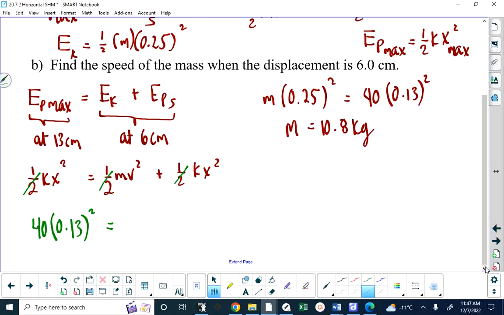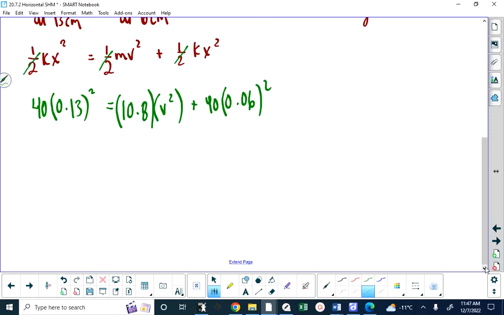It was 10.8. It's your call as to whether you want to carry a whole bunch of decimals. I don't really care. And then times v squared, well, we don't know that. We want to find that, plus 40 times 0.06 squared. Okay, we're just about home.